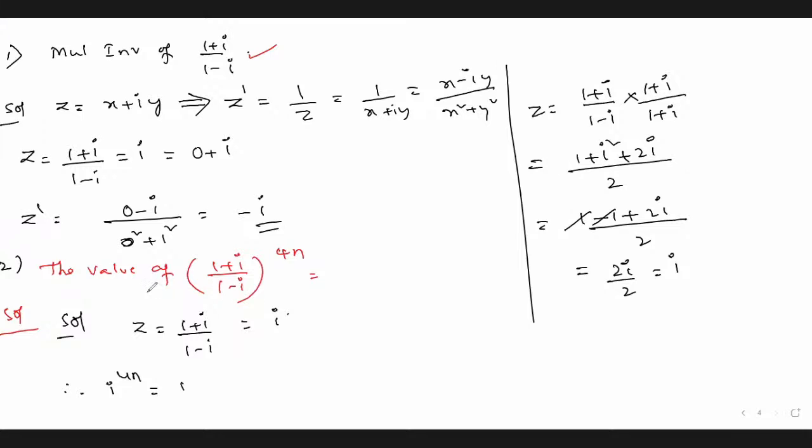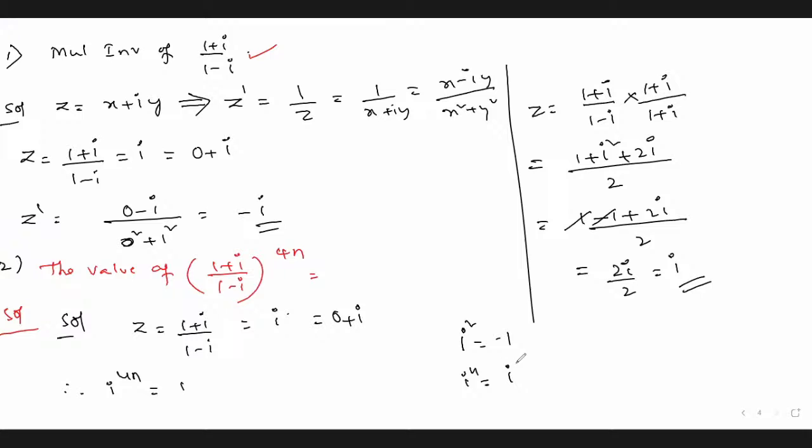Now I wrote it. Observe, the value of (1 plus i by 1 minus i) whole power 4n is equal to, now we simplified the value of 1 plus i by 1 minus i, and we got i, right? So I can write z is equal to i, which can be written as 0 plus i also. But I want the value of i power 4n. Whatever may be the n value, i power multiples of 4 is equal to 1. Why? See here. I square value is equal to minus 1.